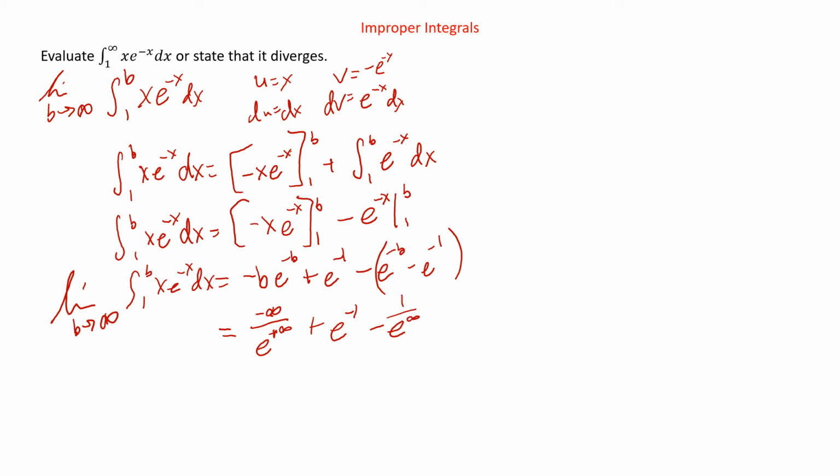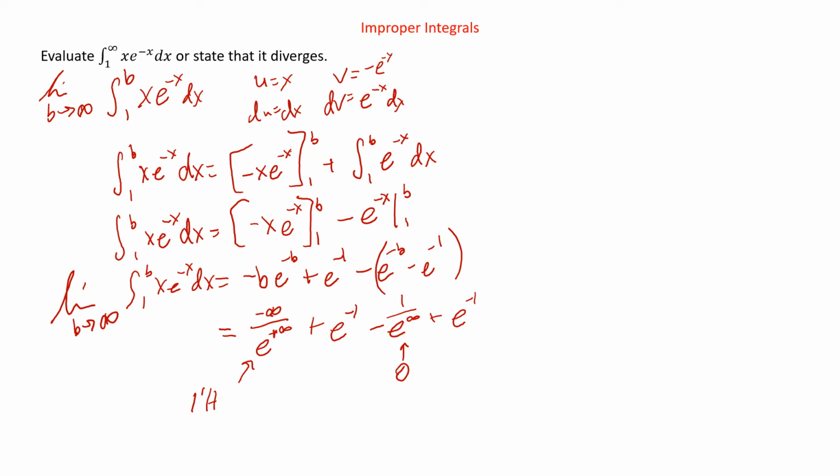I'm changing the exponents to be positive, plus e to the negative 1. So this one's 0, because we have 1 over infinity. This one's not quite. This one over here, we have infinity over infinity. So for that little piece, we're going to have to do something else.